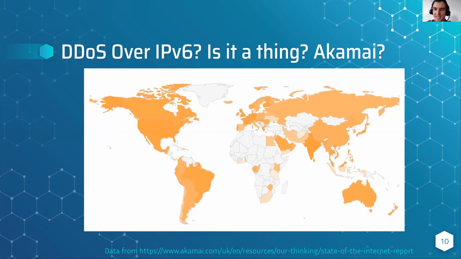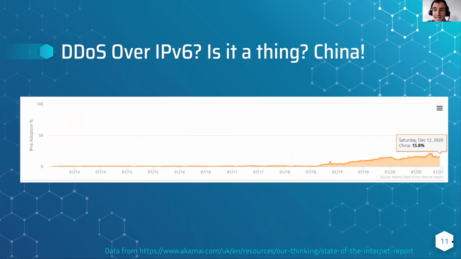You can see that the colors of India and China are close. It means we are about, what is it in percentage? Let's look at that. This is also data from Akamai. They are at 16% of IPv6 now. But 16% is not a big number.